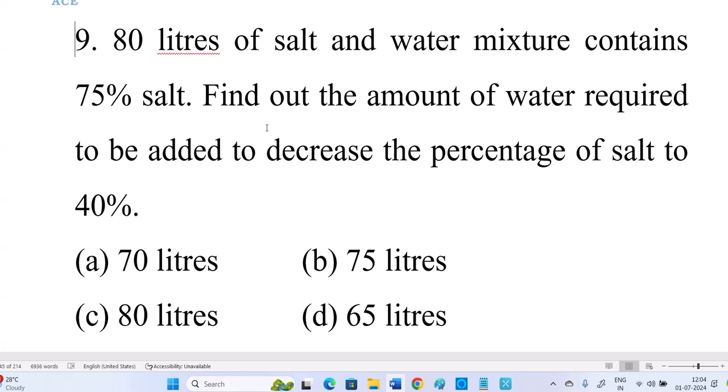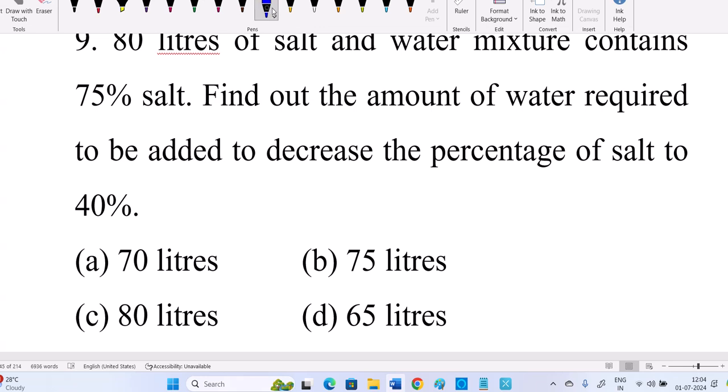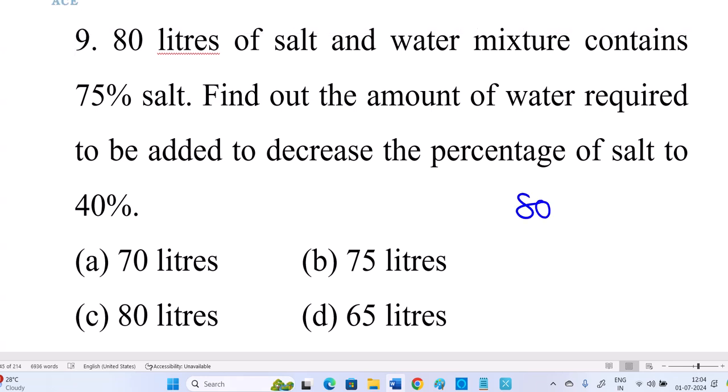How can you do that, sir? Focus on only one variety, only salt or only water, and you can solve the question. Only one parameter you focus on. Or else, let me recall how we solved this question using percentages. Total 80 liters, which consists of salt and water.